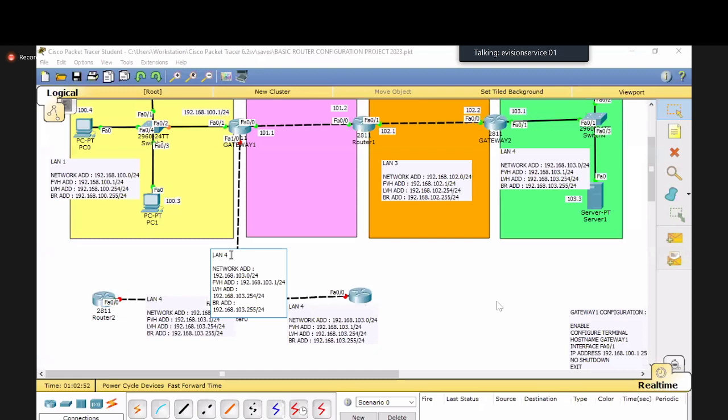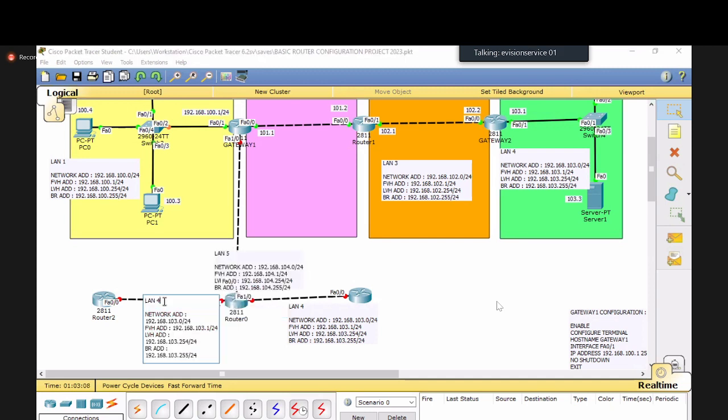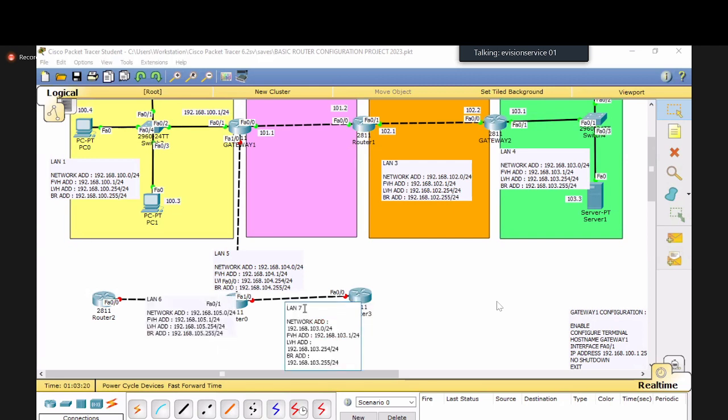So that is our LAN number 5 with a network ID of 104. And here it is LAN number 6 with a network ID of 105. And this is our LAN number 7 with a network ID of 106.